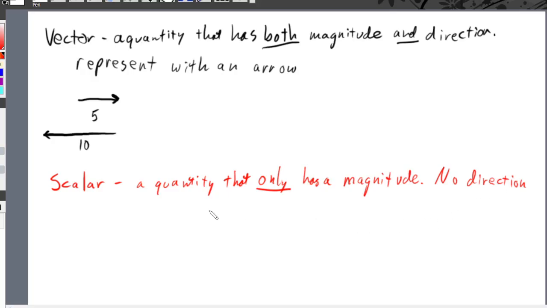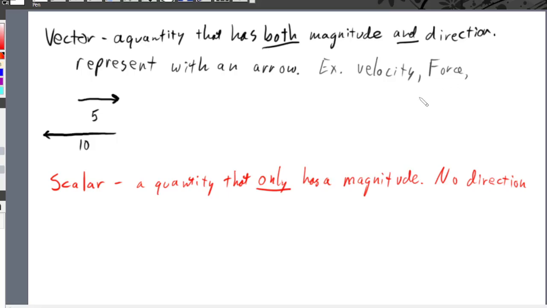Right. So let's think of these now in terms of some examples. What would be a vector quantity? That is something that has an amount and a direction. What's something that we've talked about that has amount and direction? Velocity, excellent. So velocity, force.